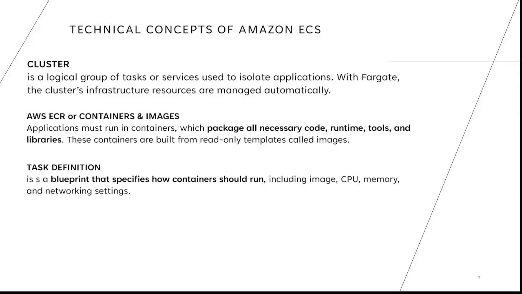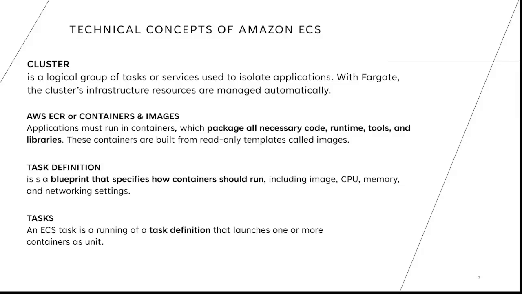Then the third component of Amazon ECS is the task definition. This is the blueprint that specifies how containers should run, including image, CPU, memory, and network settings. Then the fourth, the task. So what is a task? The goal of an ECS task is to run the task definition that we defined earlier, which launches one or more containers as a unit.